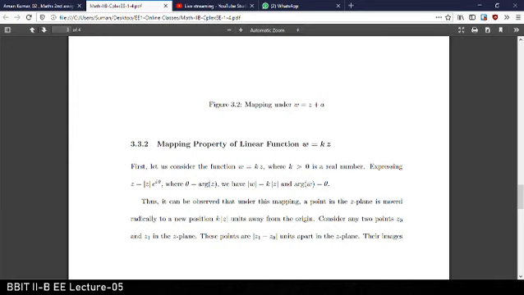So the point P has been shifted by modulus a in the direction of the complex number OA. Since every point will be shifted, even the origin will be shifted to A.